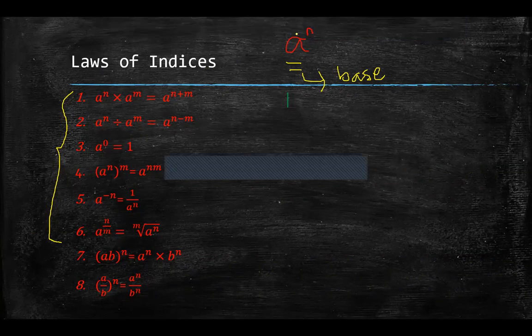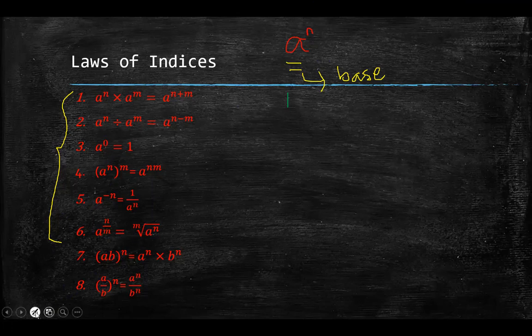This is the general form, the exponential form, where A is called the base and N is called the index, or you might see the exponent, or you might even see power, right? So from 1 to 6, they all had the same base. So I need you to remember that. These rules from 1 to 6, they only apply if the bases are the same.